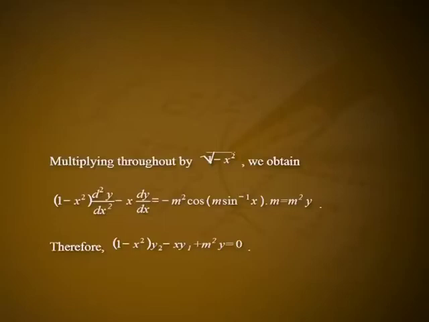Multiplying throughout by square root of 1 minus x square, we obtain (1 minus x square) into d square y by dx square minus x dy by dx is equal to minus m square into cos(m sin inverse x), which is equal to minus m square y. Therefore, (1 minus x square) y2 minus x y1 plus m square y is equal to 0.